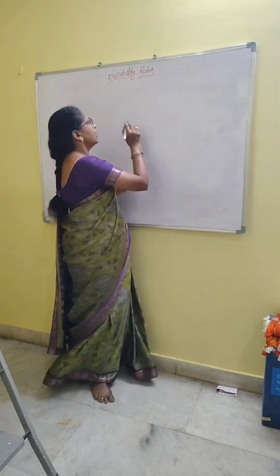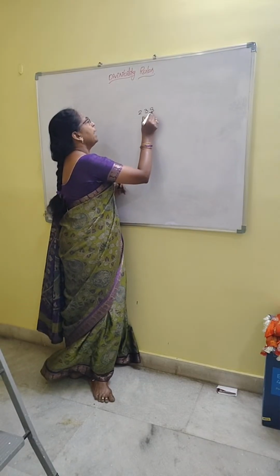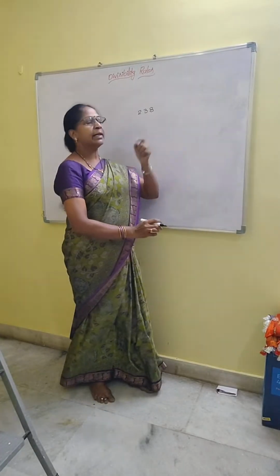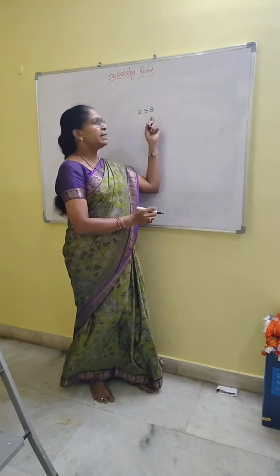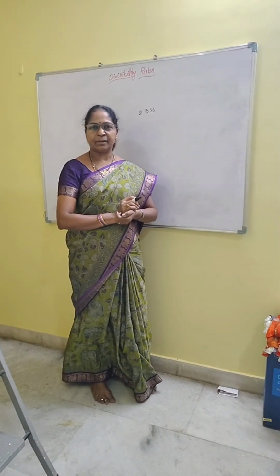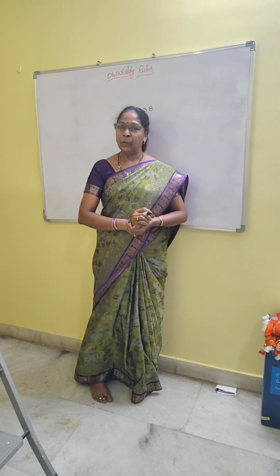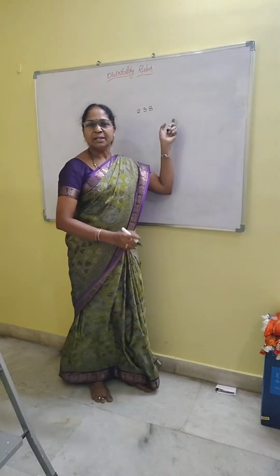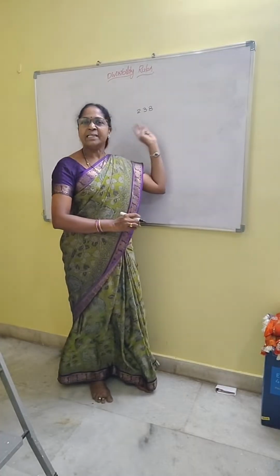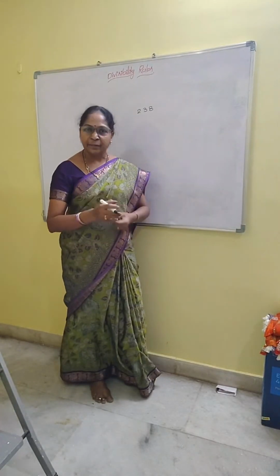For example, take the number 238. Is it divisible by 2 or not? Can you say directly? By doing the division, you can say yes or no. But by seeing the number directly, you can say yes, it is divisible by 2.